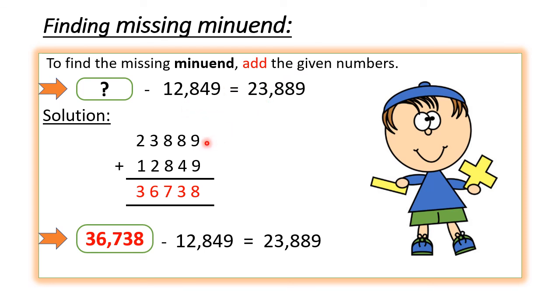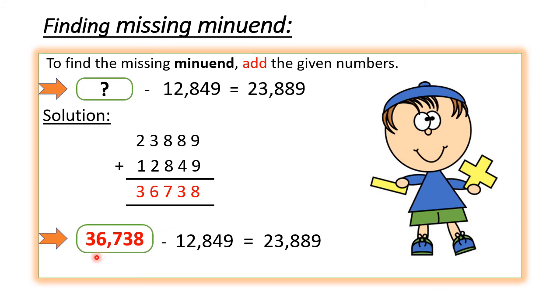So before starting addition, we will write the numbers in the vertical form like this, and then we will add the given numbers to find the missing minuend. So this is the missing minuend, that is 36,738. This is our answer.